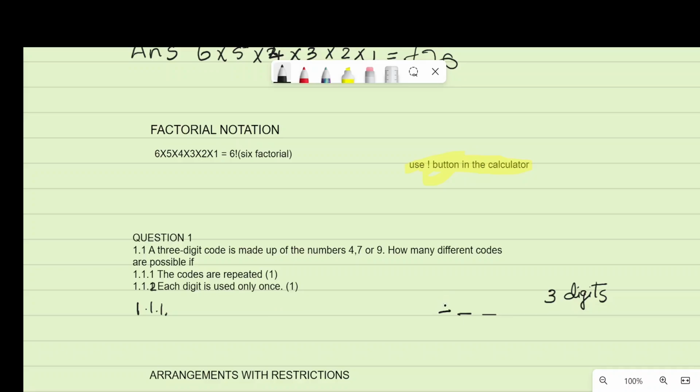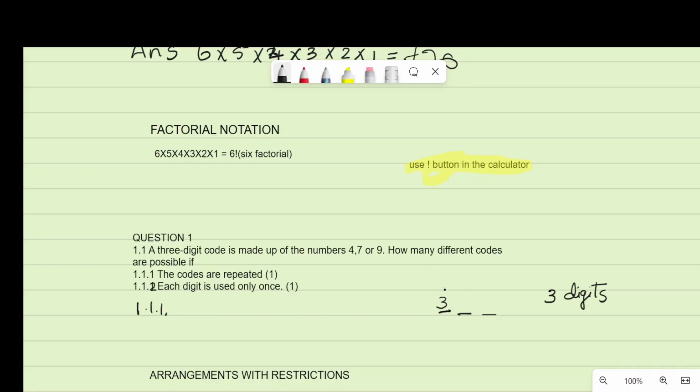So in the first position, how many choices do you have? Can the digits be repeated? Yes. In 1.1.1, the question says the digits are repeated. That means how many choices do you have in the first position? 3. It can be repeated.